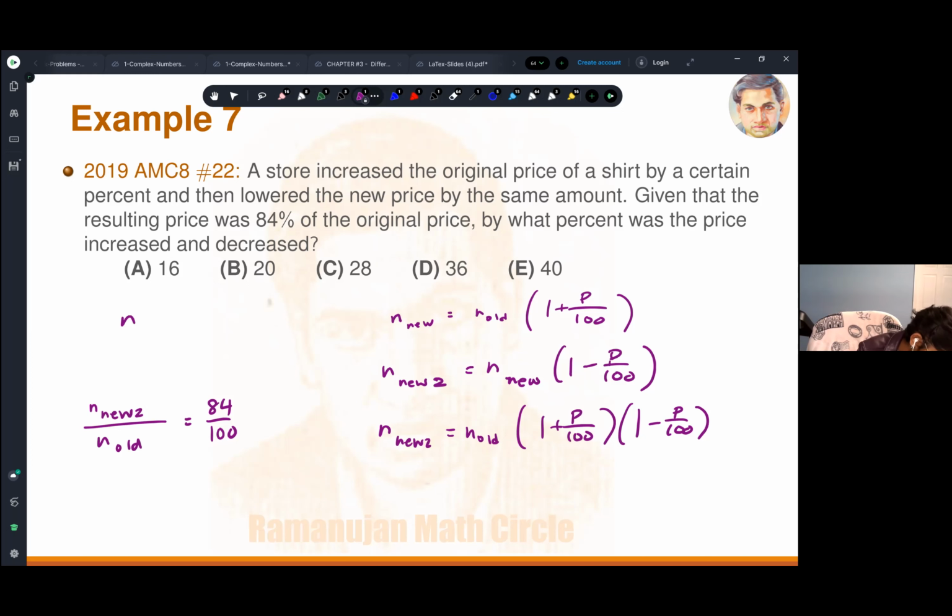And given that the resulting price is 84% of the original price, we can divide by n old on both sides, so n new 2 divided by n old is equal to, when you multiply this entire thing out, you FOIL it, 1 minus p squared over 10,000, I believe.